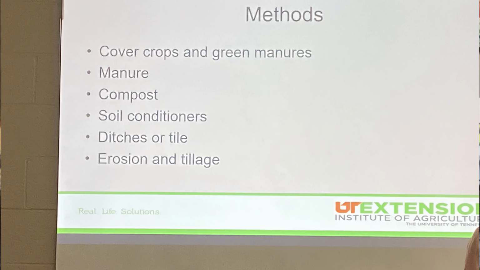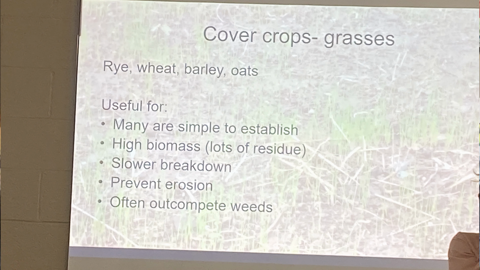Methods: cover crops and green manures, manure, compost, soil conditioners, ditches or tile, erosion, and tillage. Cover crops, grasses: rye, wheat, barley, and oats are useful for many, simple to establish, high biomass, lots of residue, slower breakdown, prevent erosion, and often outcompete weeds.